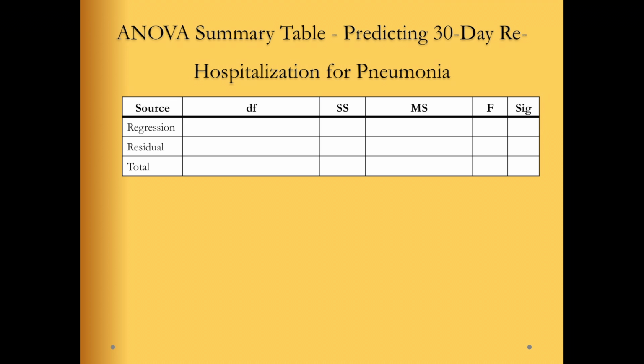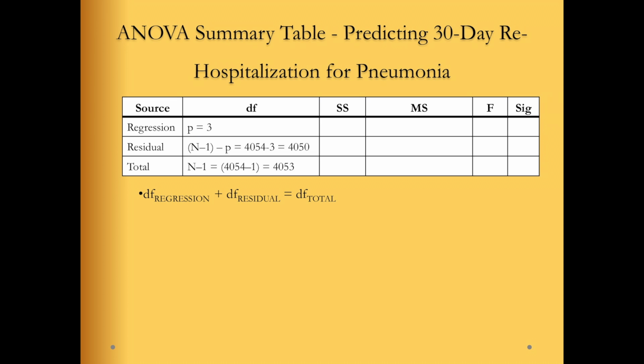of multiple alienation. The next column in the summary table contains the degrees of freedom associated with total variance and with the two component parts of regression and residual. Note that the degrees of freedom for total variance is the sample size minus 1, and that the degrees of freedom for the regression source of variance is the number of predictors in the model.